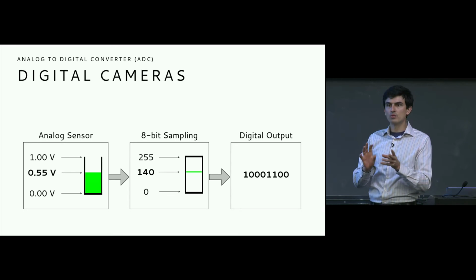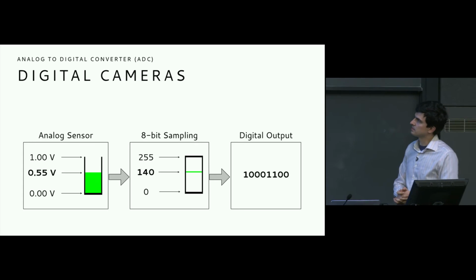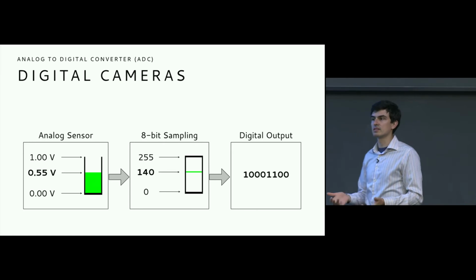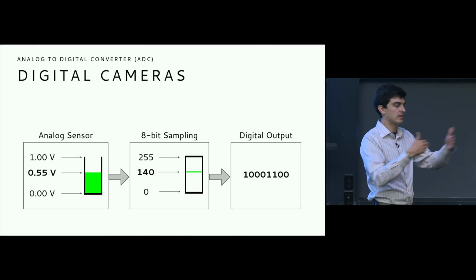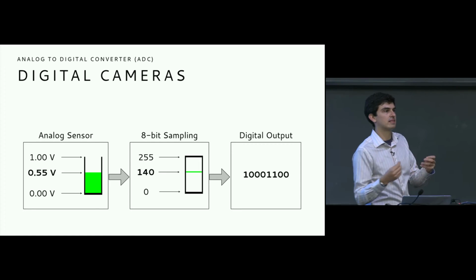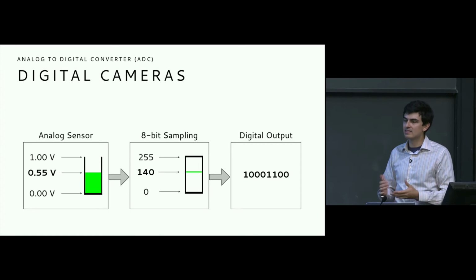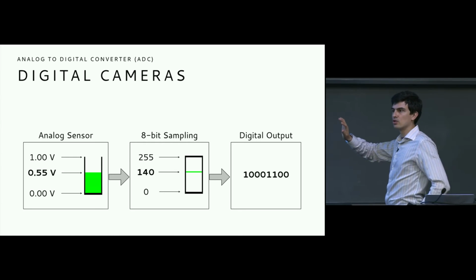So let's take a look at what might happen in a very high level. We have on the far left a sensor, which is an analog device because it's going to record a voltage from some voltage, within some range of one voltage to another. And it is that voltage that represents the brightness or the intensity of light at that pixel. We're no longer worried about color or anything along those lines here.